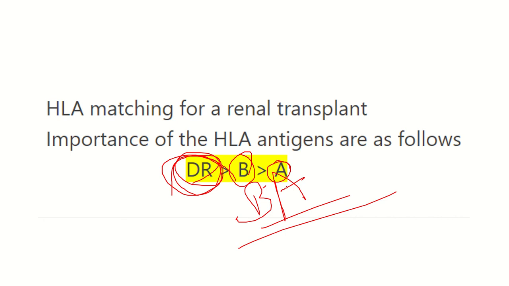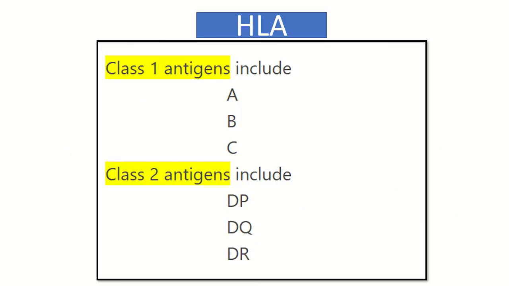We have to remember this sequence, and these two classes, class 1 antigens and class 2 antigens and their components, are very important for HLA. During the study of HLA, this point is very important. Class 1 includes A, B and C, and class 2 antigens include DP, DQ and DR.